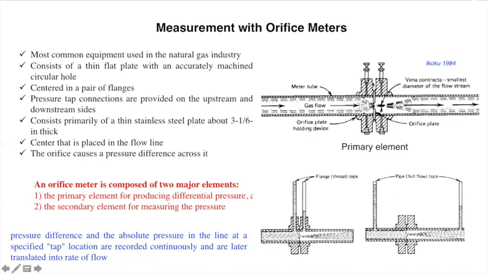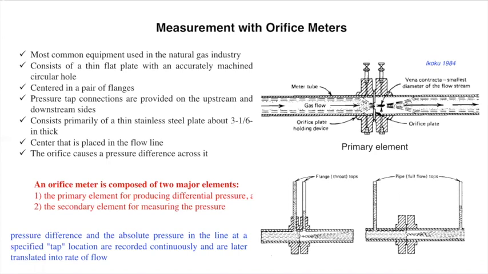I'll show this diagram in 3D also. These are the two flanges, and the orifice meter is sandwiched between them, so that the fluid coming here gets diverted and forms a vena contracta, and then we can measure the differential pressure. That is why this is called a differential flow meter.